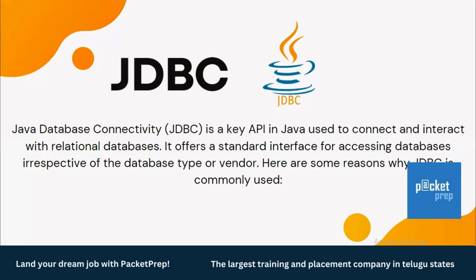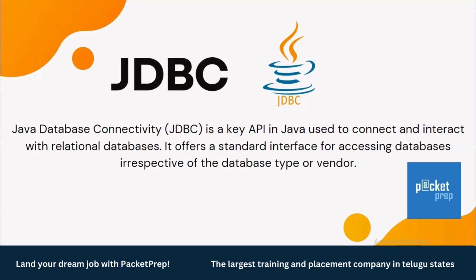JDBC is nothing but Java Database Connectivity. It is a key API in Java. Using this JDBC, we can connect or interact with a relational database, and it offers standard interfaces. Using these interfaces, we can access the databases and store the data in them.